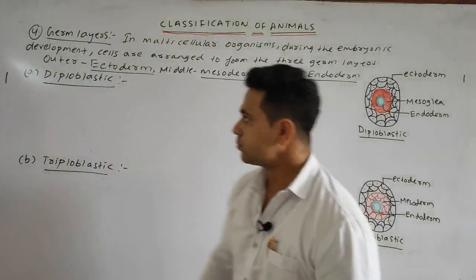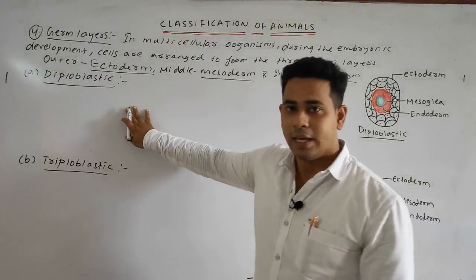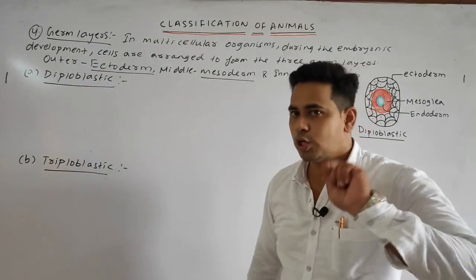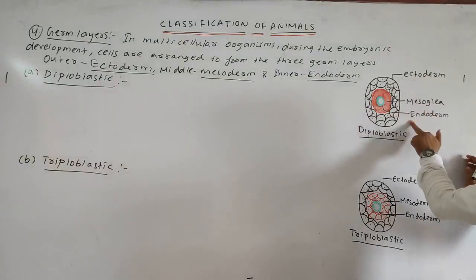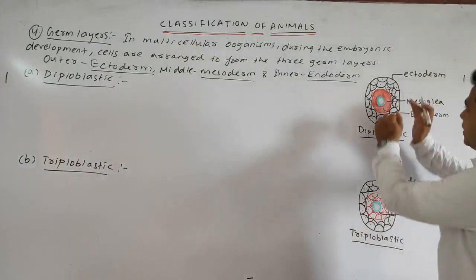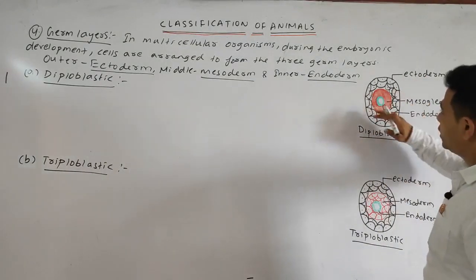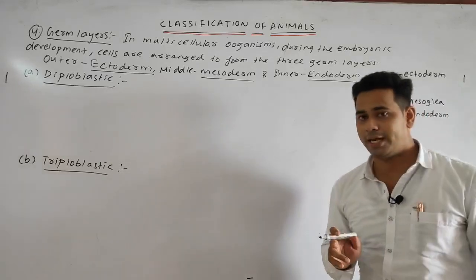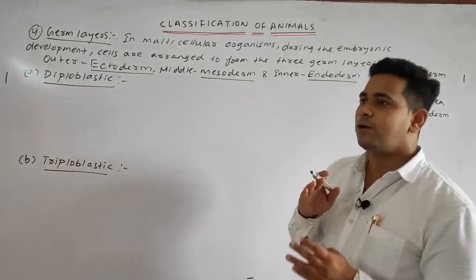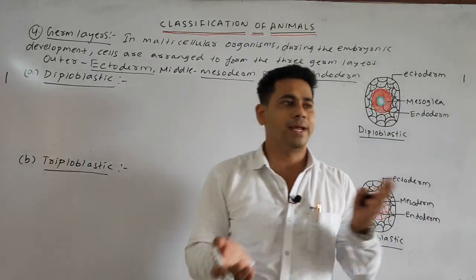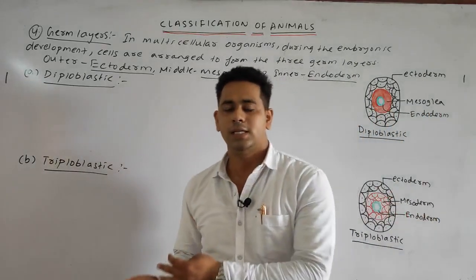So, what is diploblastic? In diploblastic animals, 2 germ layers are present. Outer ectoderm is present, inner endoderm is present, and in between the ectoderm and endoderm, an undifferentiated layer is present, that is called the mesoglea. Undifferentiated means what? We cannot say it is an ectoderm, or an endoderm, or a mesoderm.